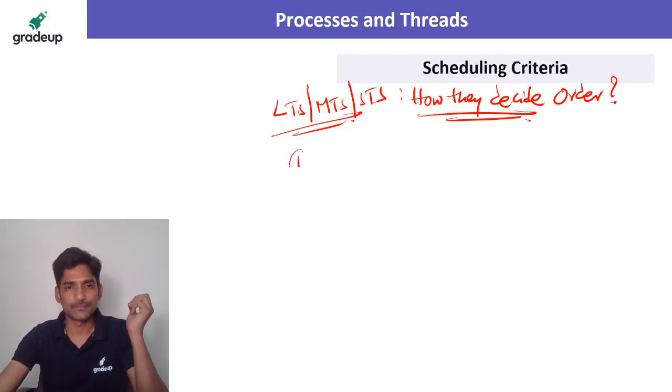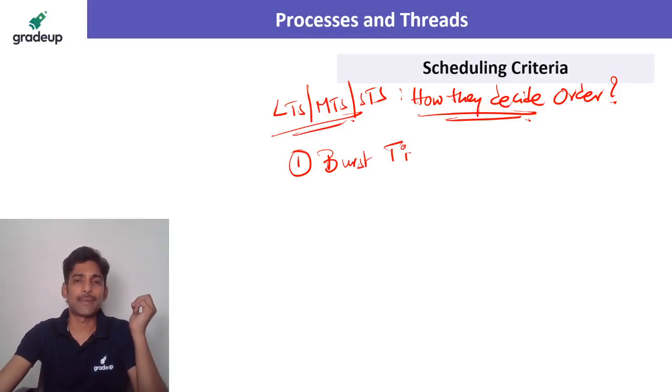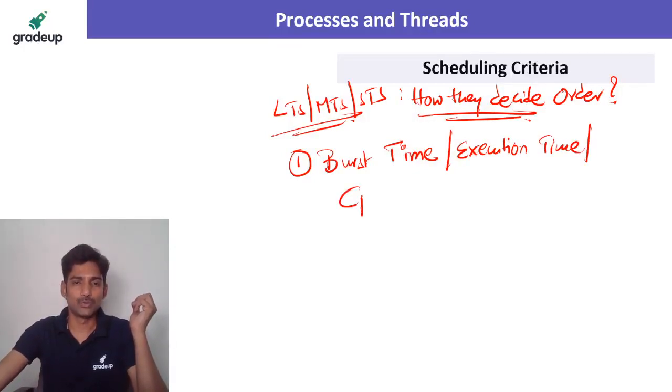Firstly, every process will have a parameter called burst time or execution time or CPU time. What is that?